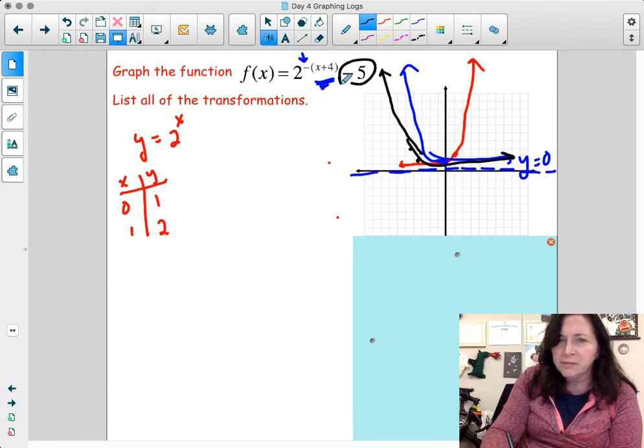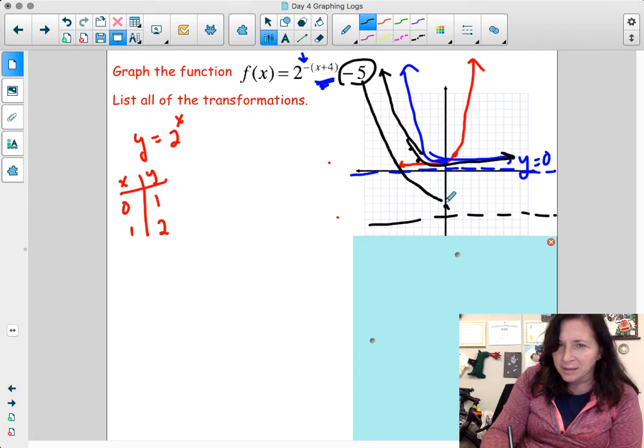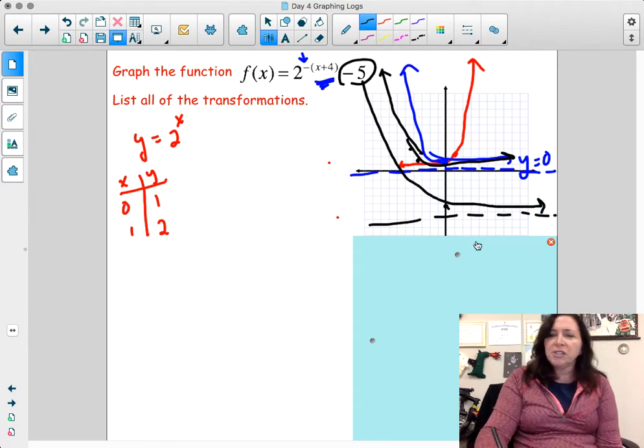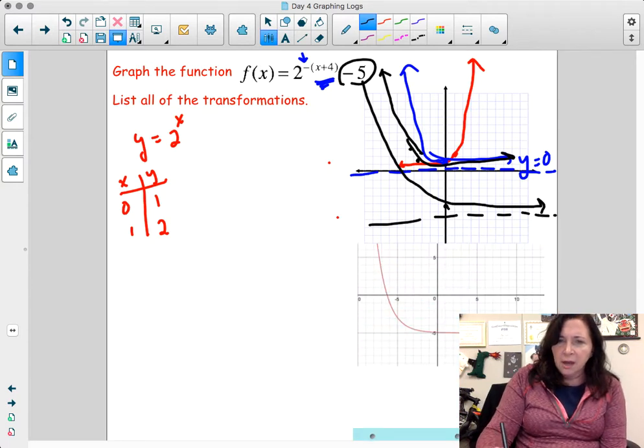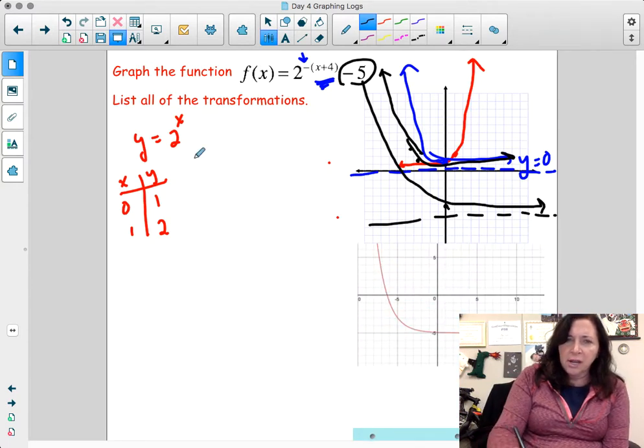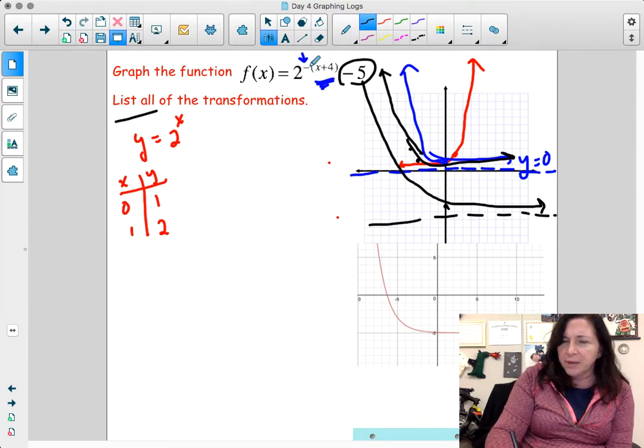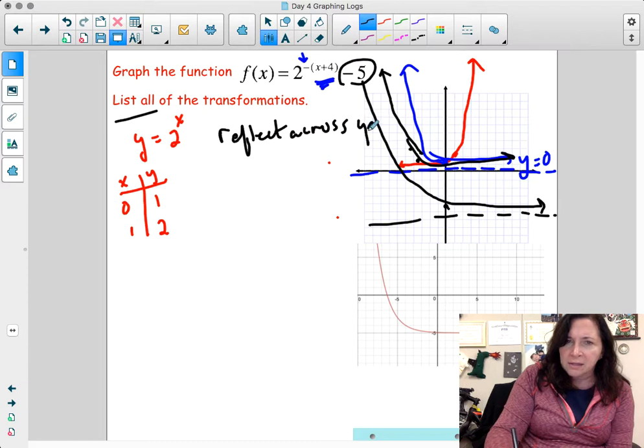And this value here, -5, tells me that my equation is going to drop down 5 units. My asymptote goes with me. And so it would look something like this. Now, the transformations for this graph, and that's my final graph right here. If this says to list all the transformations, the first transformation would be to reflect across the y-axis.